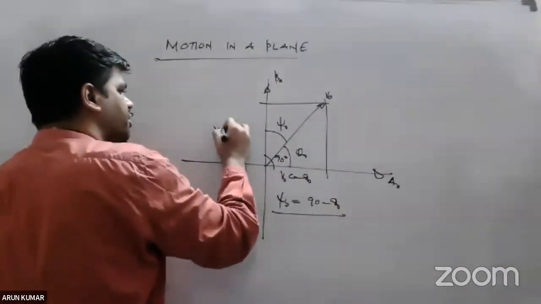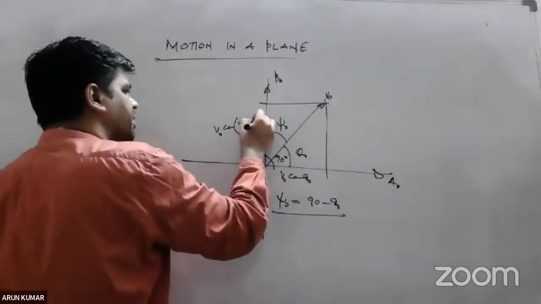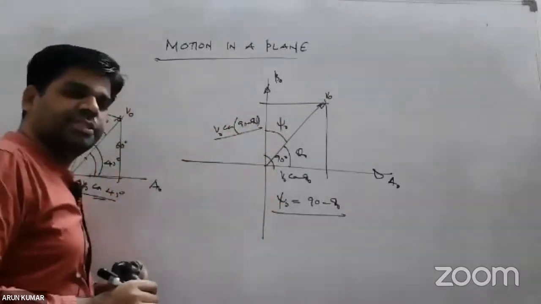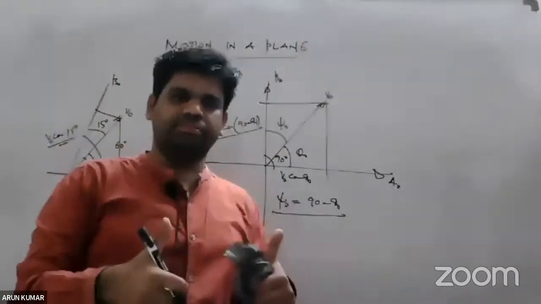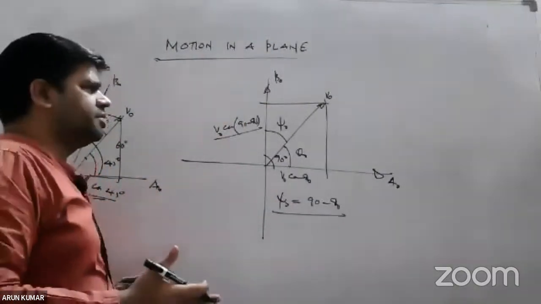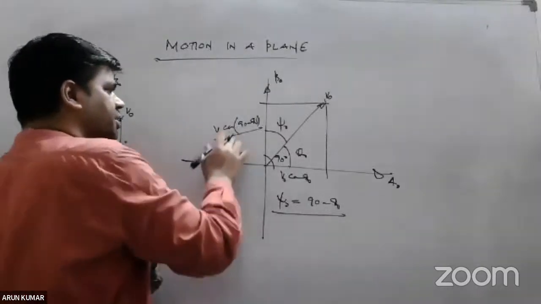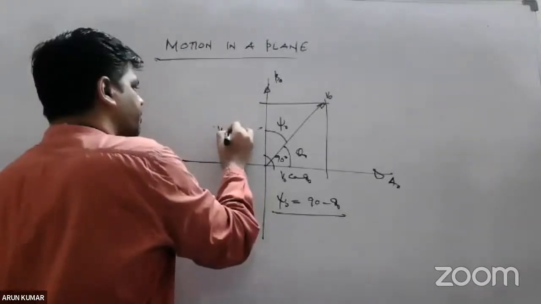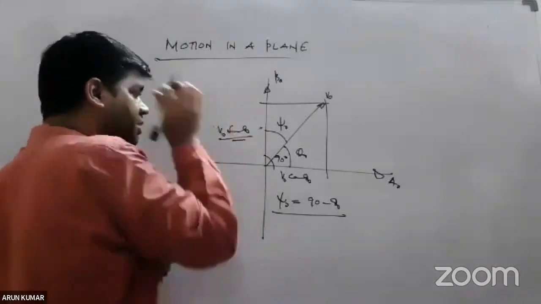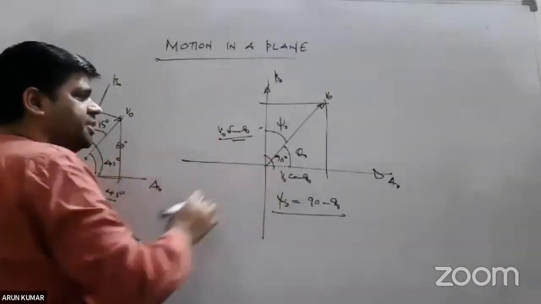So this would be V naught cos of 90 minus theta. What is cos of 90 minus theta? Sin theta. So I get the vertical component as V naught sin theta. You understood why I am getting sin theta here and cos theta here?